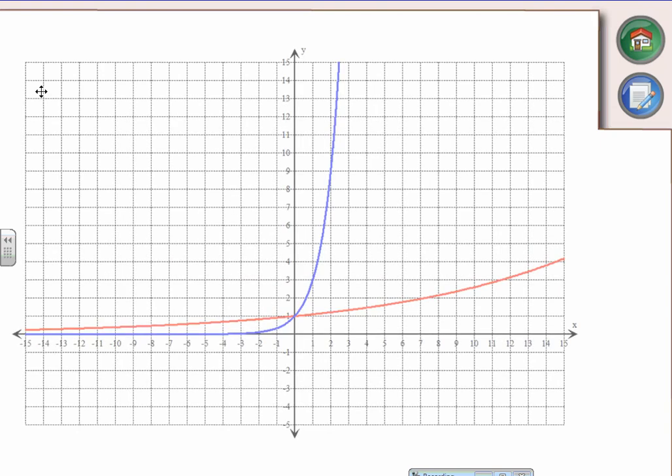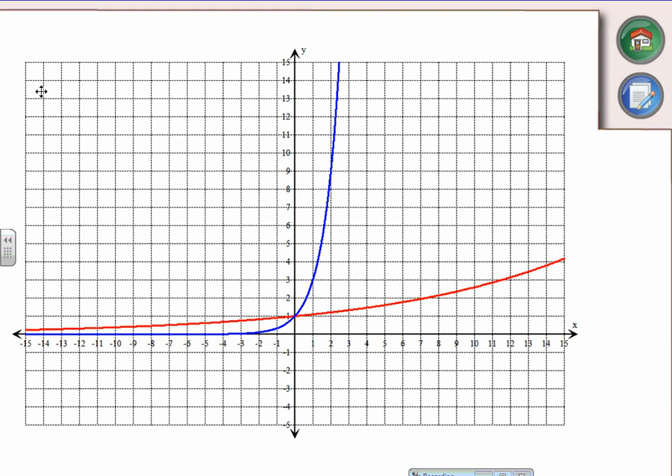So after we graph the first one, we graph the second one, 3 to the x. And on the same grid there, you can see we've got y equals 1.1 to the x, and then in blue y equals 3 to the x. Let's again look at those intercepts.